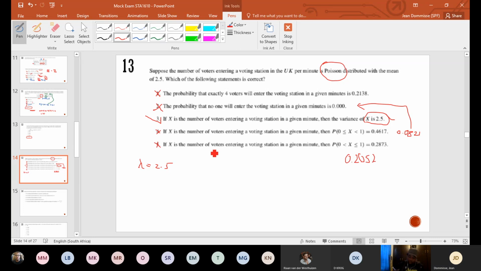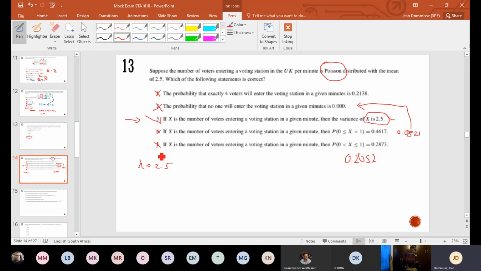So if they don't give you the Poisson table, then you know that only option 3 could have been the right one, because you needed to use the table to calculate 1, 2, and 4, and 5. So it has happened before in an exam, but you have a table, so it doesn't matter for you in this one.